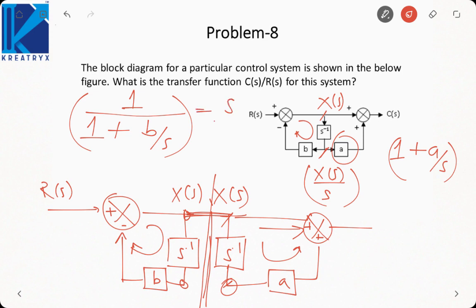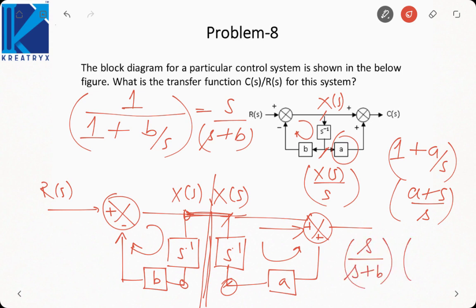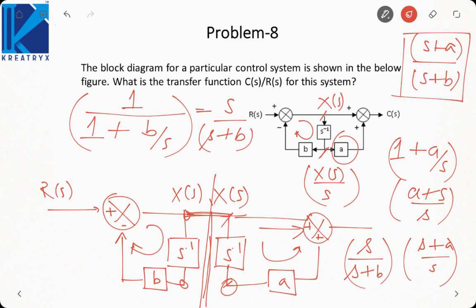So it would be S upon S plus B, and A plus S upon S. If we multiply, these both are S upon S plus B, S plus A by S. It would be S plus A divided by S plus B. This would be my entire transfer function.